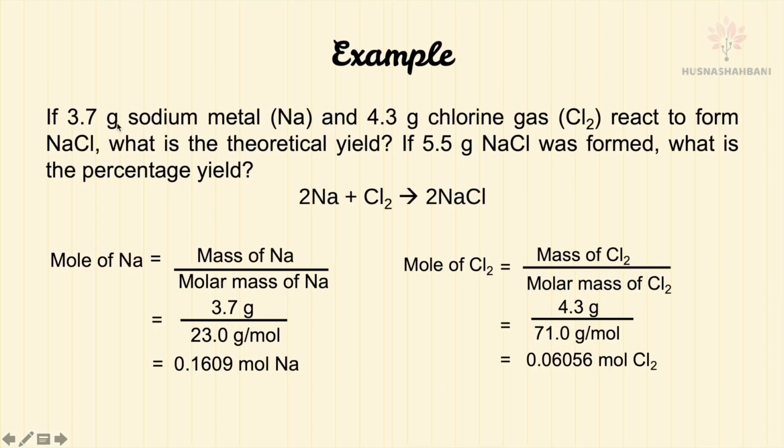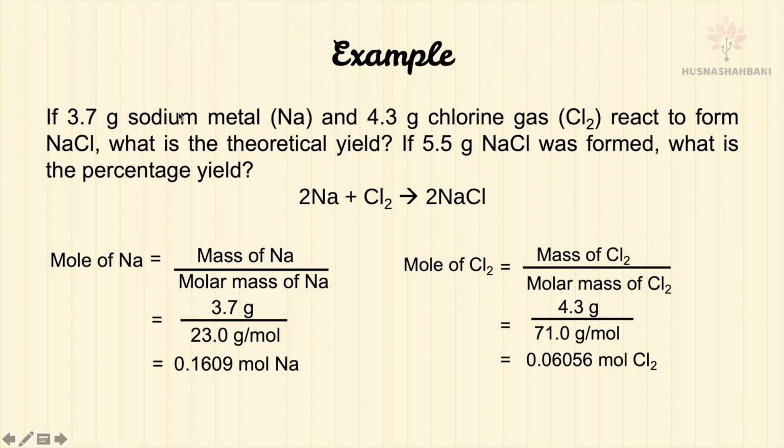If 3.7 gram of sodium metal and 4.3 gram of chlorine gas react to form sodium chloride, what is the theoretical yield? If 5.5 gram sodium chloride was formed, what is the percentage yield? First, we have to find the theoretical yield.